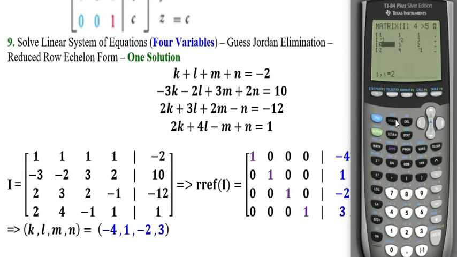Second quit, second matrix, it is I, hit enter, and here it is: 1, minus 3, 2, 2, 1, minus 2, 3, 4, 1, 3, 2, minus 1, 1, 2, minus 1, 1, augmented with minus 2, 10, minus 12, 1.